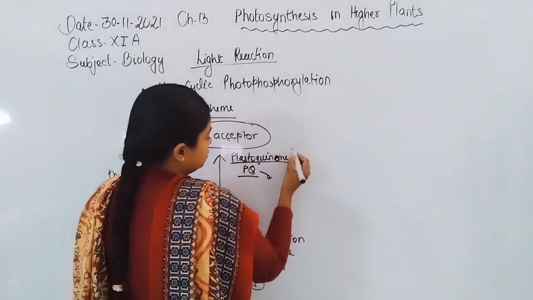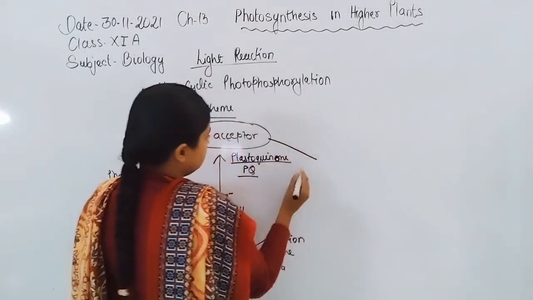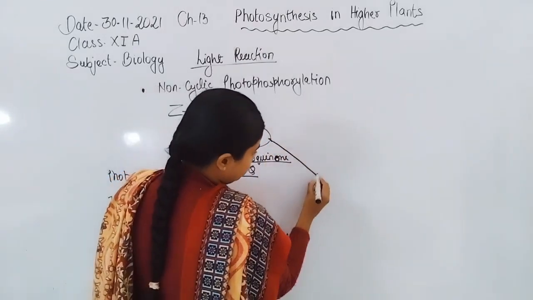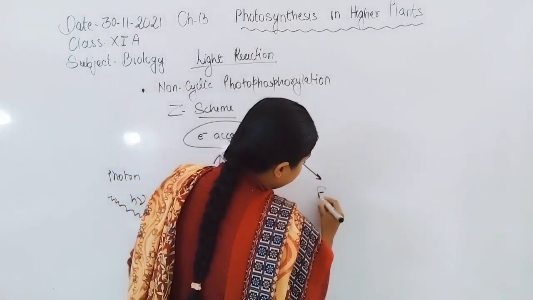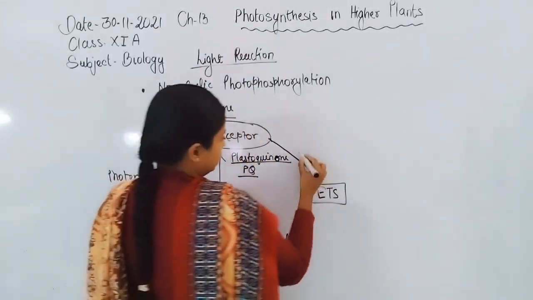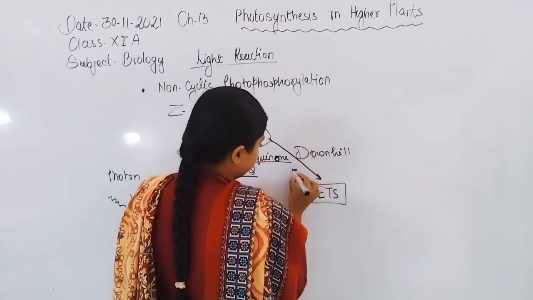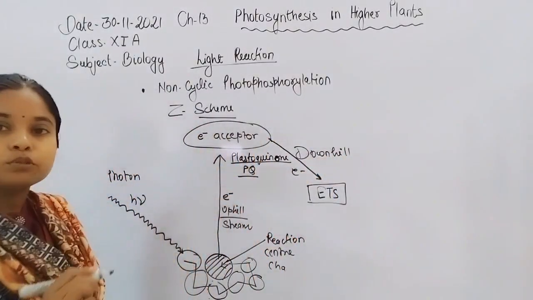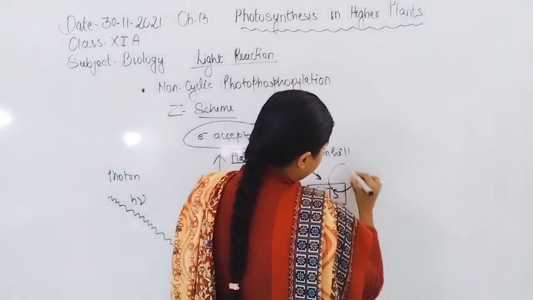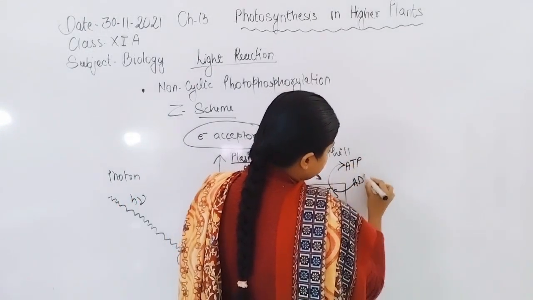Now, second, the electron acceptor transmits the electron to the electron transport system in a downhill manner. Through the electron transport system, there will be formation of ATP from ADP.